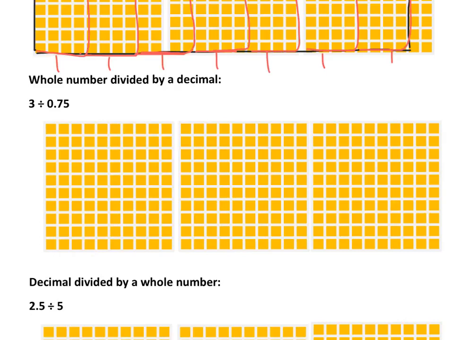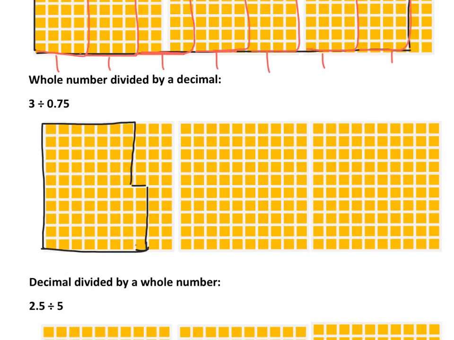So I'm going to count 75 hundredths. That's going to be 7/10: 1, 2, 3, 4, 5, 6, 7, and then 5 hundredths. And section that off. That's 75 hundredths.